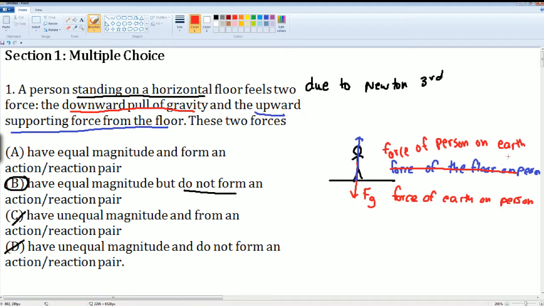So an action reaction pair is basically when you shift the noun. So watch. What you might see in your physics course is things like F1 on 2 is equal to force of 2 on 1. Same thing here. Do you see how they just switch the numbers? Right here, I switched the noun.